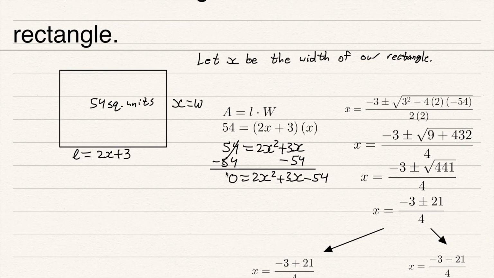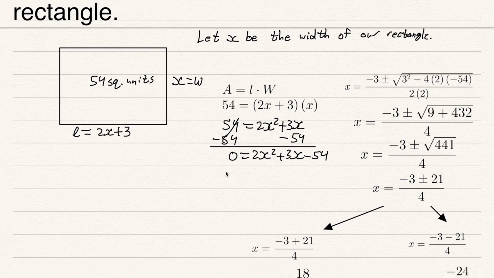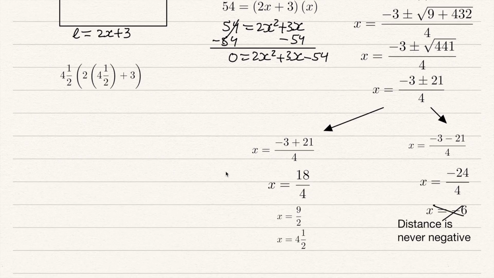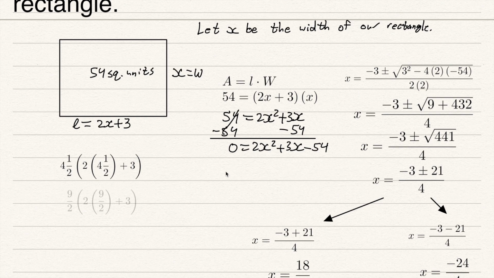So then we come up and we check that. Will that work out? So we need to check what 4.5 times 2 times 4.5 plus 3 would give us. It would be easier to keep this as an improper fraction, which we already know is 9 over 2. So now we can cancel the 2 with the 2 in the denominator.